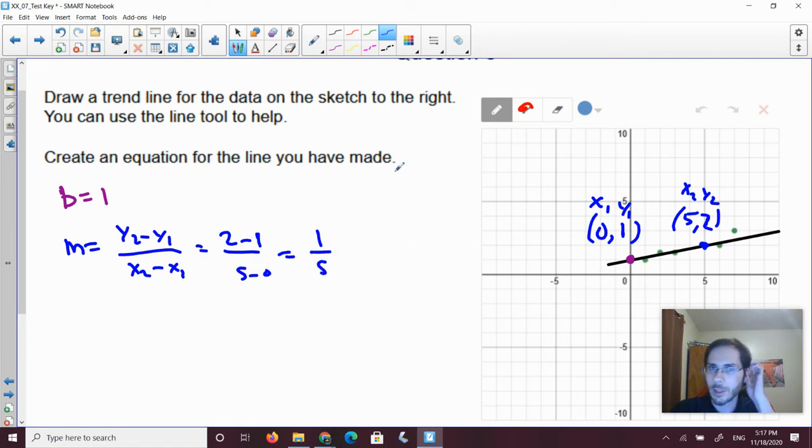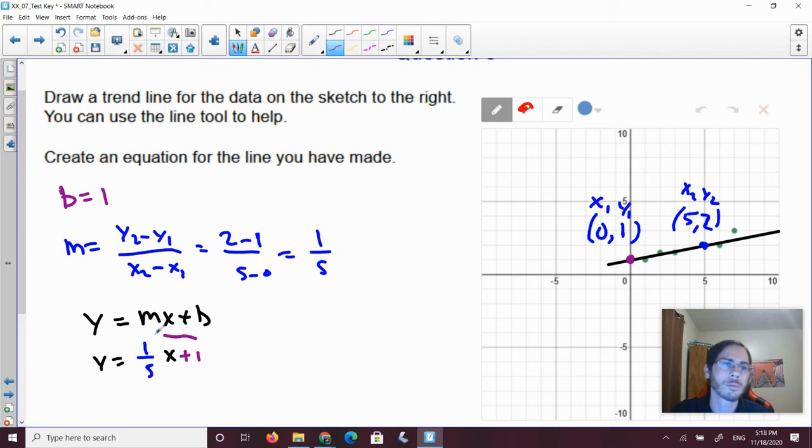You don't have to turn that into a decimal if you don't want to. I'll leave it as a fraction for now. So we're going to use y equals mx plus b, since we know m, the slope, and b, the y-intercept. So y equals 1/5 x, b is 1, so plus 1. So I got my equation.